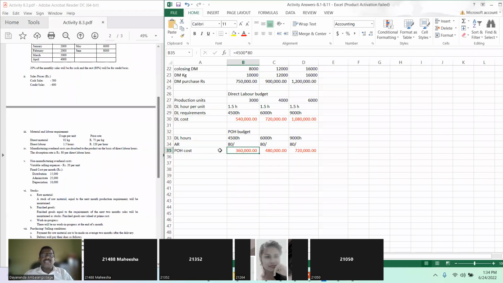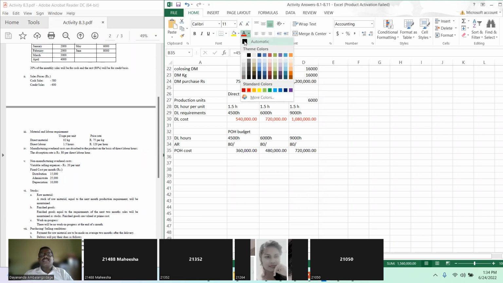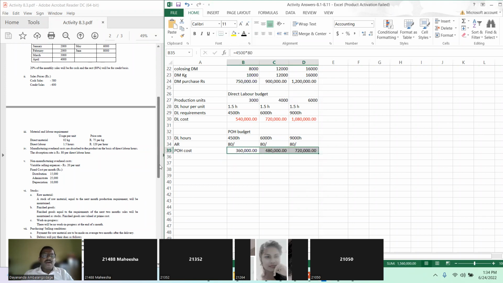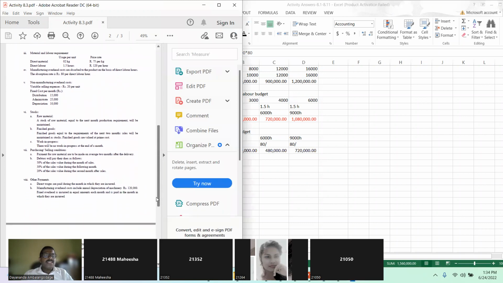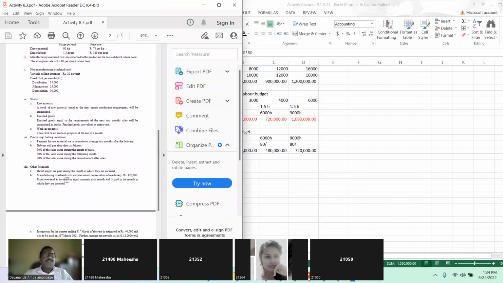Now, before that, when you look at these production overheads, see whether there are non-cash flow items, especially any depreciation. Here, manufacturing overhead cost includes annual depreciation of machinery, 120,000. Fixed overhead is incurred equally and paid in the month.